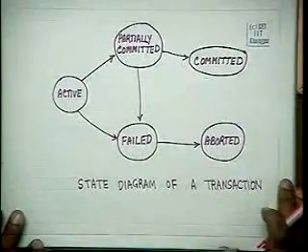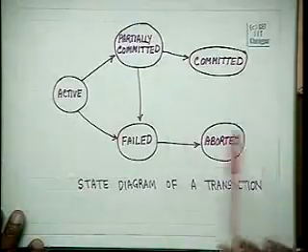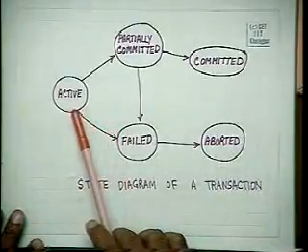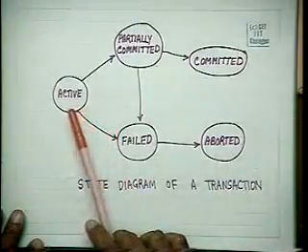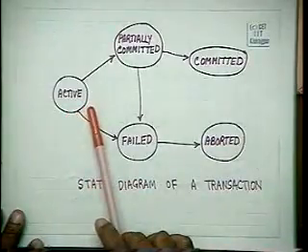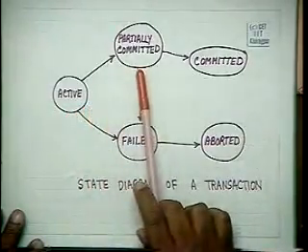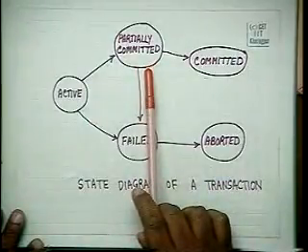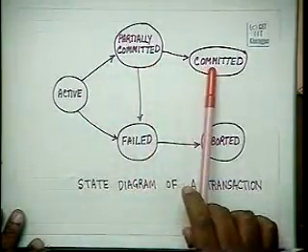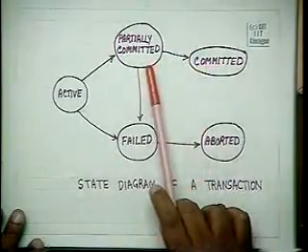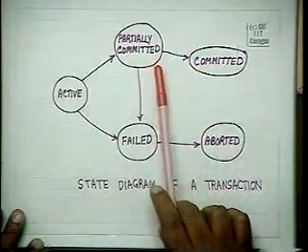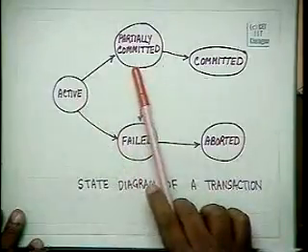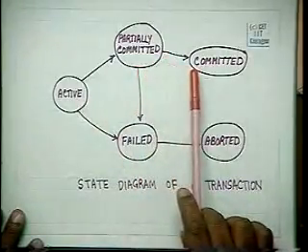In order to understand the states of a transaction and the various places where a transaction may fail, we had the concept of a transaction being active when it is started and before all its statements are executed. It is said to be partially committed when all its statements are fully executed, and it is said to be committed when all the information which is supposed to be written from this transaction into the database are actually written into the database.